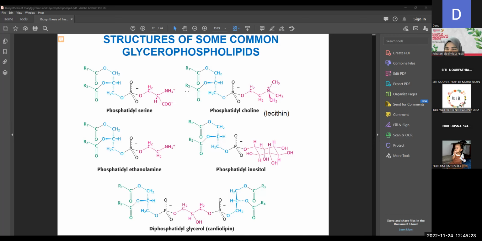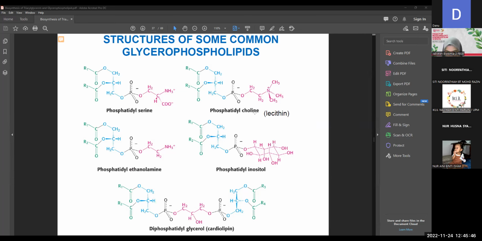So this is the structure of glycerophospholipids in one page, so that you can see the difference in terms of structure. Kalau inositol, it has this ring structure. Phosphatidylcholine or lecithin.